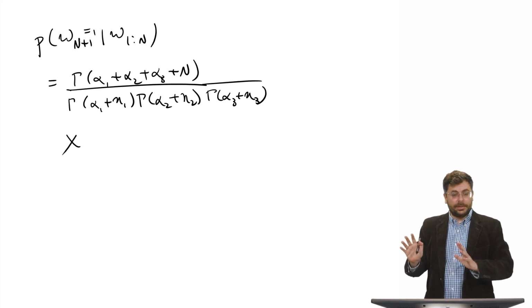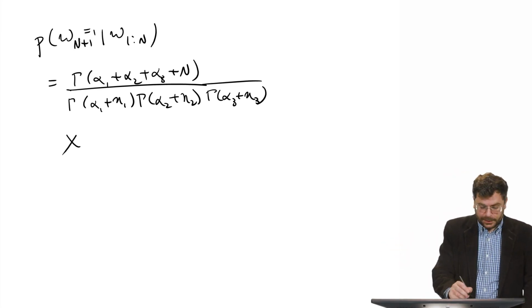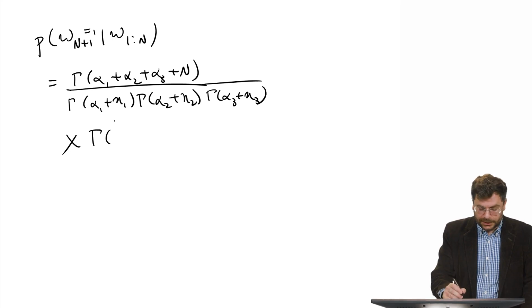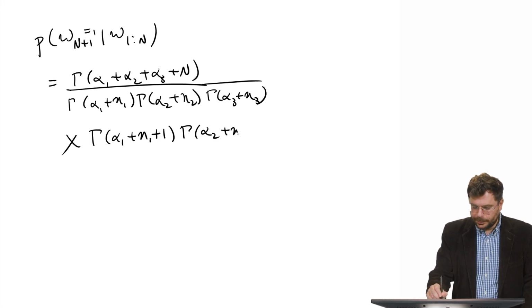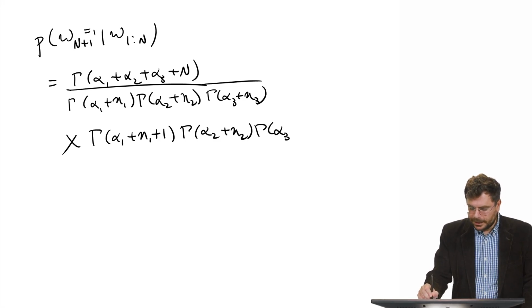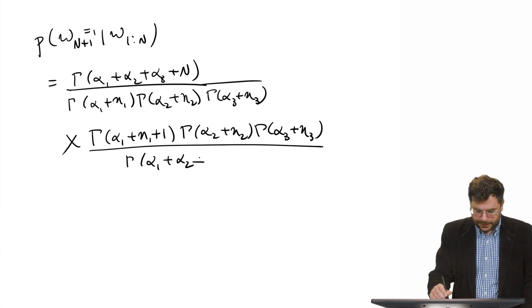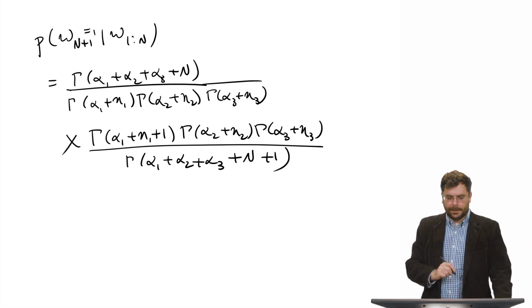And all this multiplied by the result of the integral, which comes from looking at the definition of the normalization for the Dirichlet. So it's going to be gamma of alpha 1 plus n1 plus 1 multiplied by gamma of alpha 2 plus n2 and gamma of alpha 3 plus n3, divided by gamma of alpha 1 plus alpha 2 plus alpha 3 plus n plus 1.